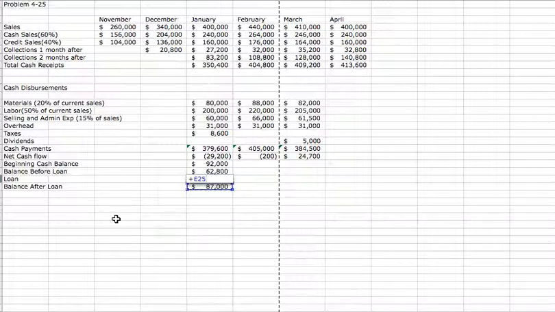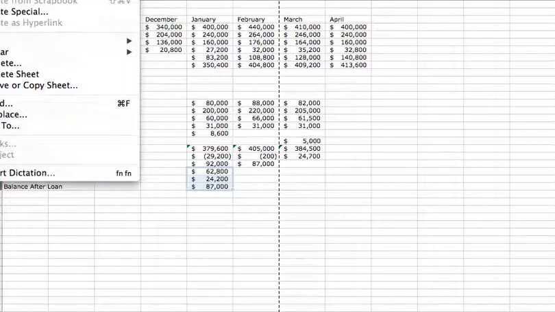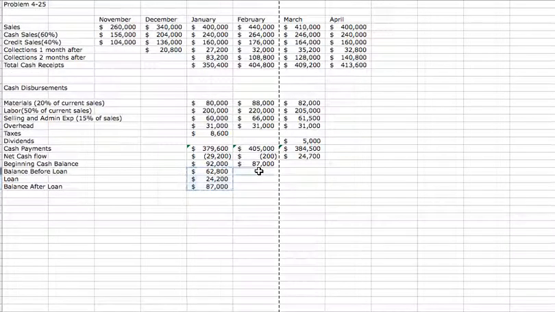It's going to be the difference between the 87,000 and the 62,800 we have. We're going to have to borrow 24,200. Okay, and then what happens here is our beginning cash balance becomes 87,000, and then we can actually edit and copy these formulas over.